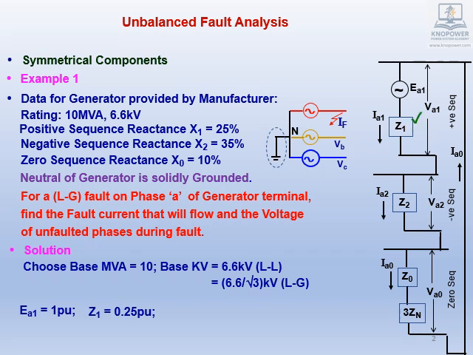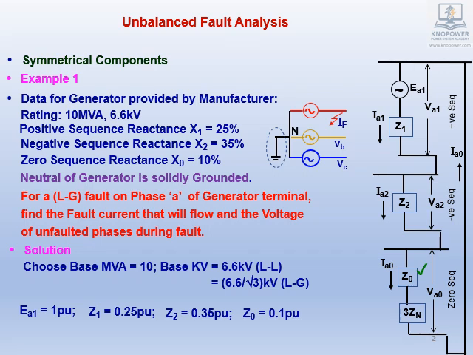Positive sequence impedance, Z1 equals X1 equals 0.25 per unit. Negative sequence impedance, Z2 equals X2 equals 0.35 per unit.